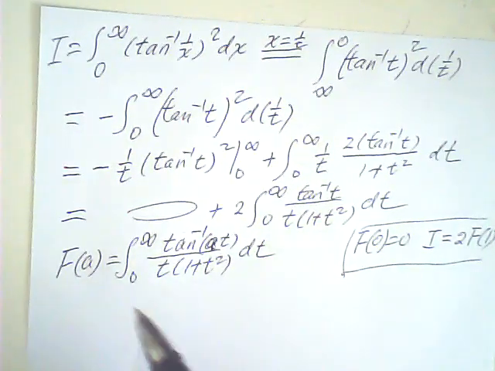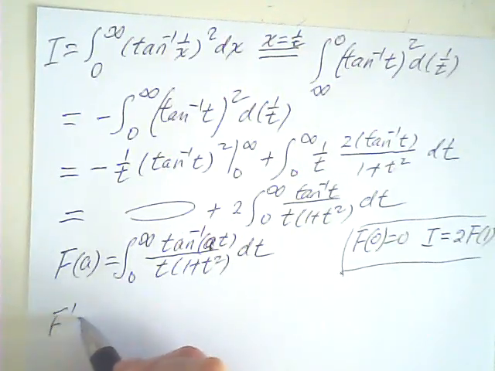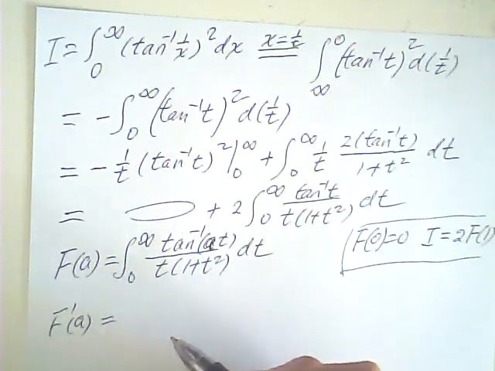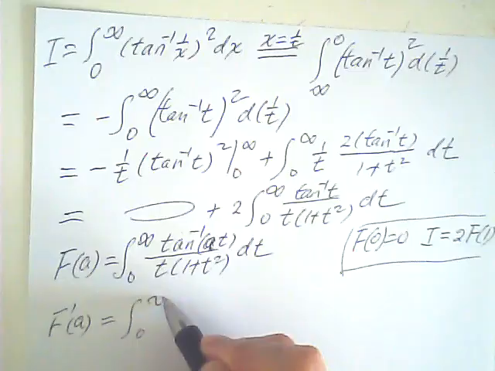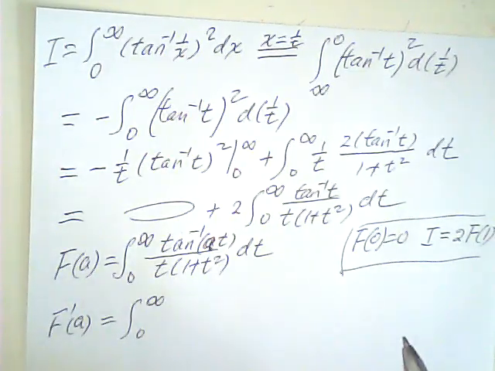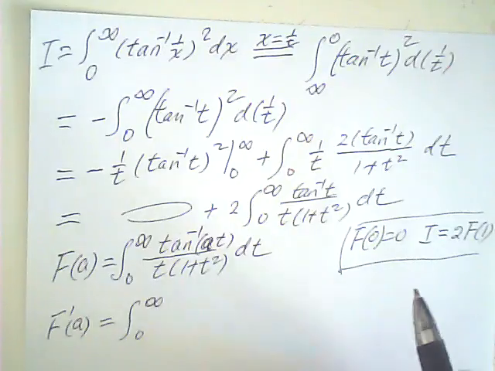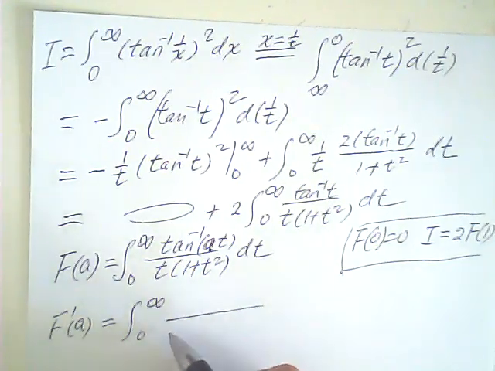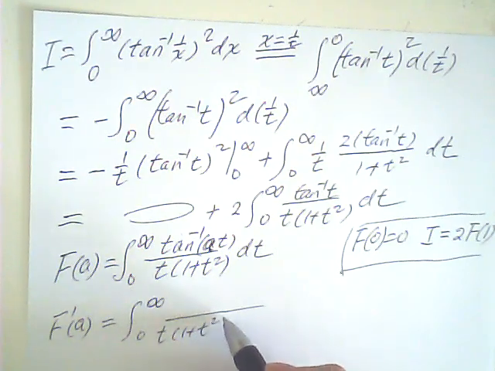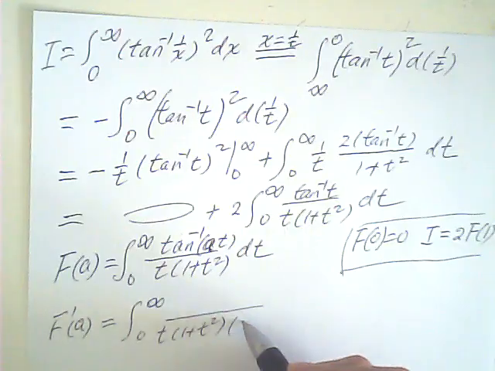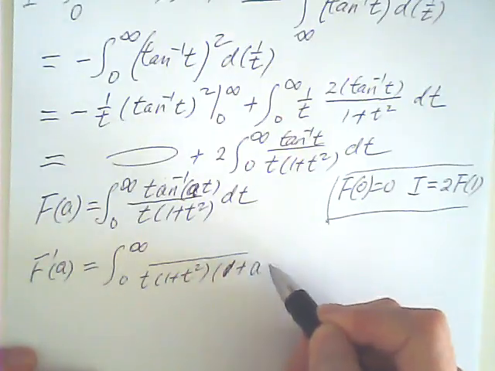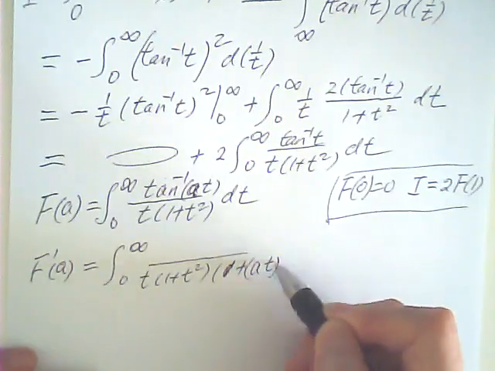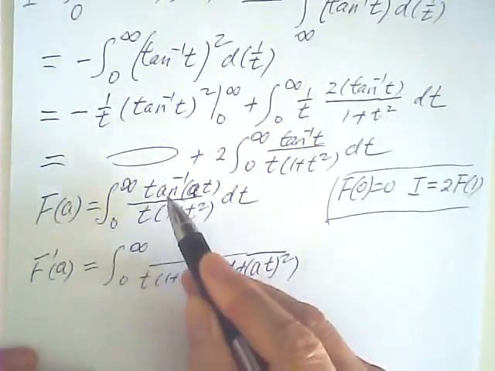So, okay, then we take a derivative of f with respect to a. So this is t times 1 plus t squared and 1 over 1 plus a t squared for the arctangent.